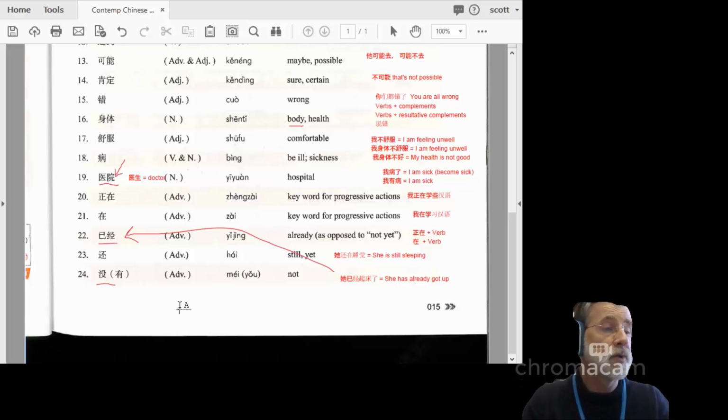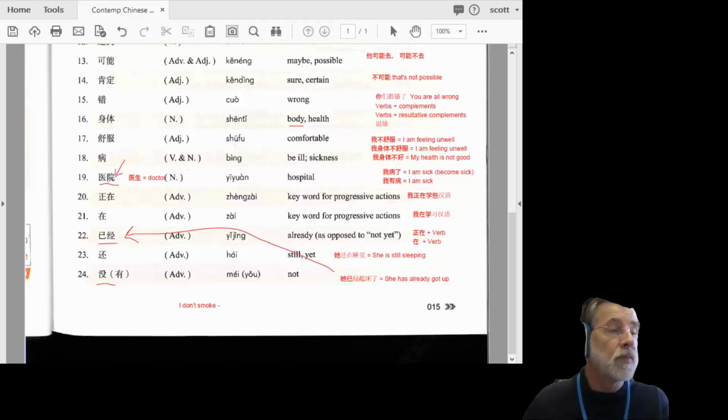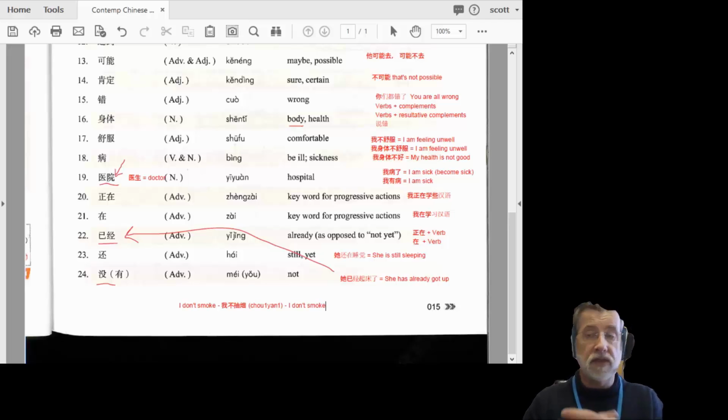So I don't smoke. 我不抽烟, and that's 抽烟. I don't smoke. So basically what that is saying is that I didn't in the past, I don't now, and I won't in the future. It's something that habitually I don't do.